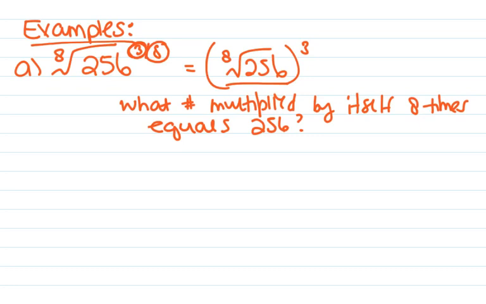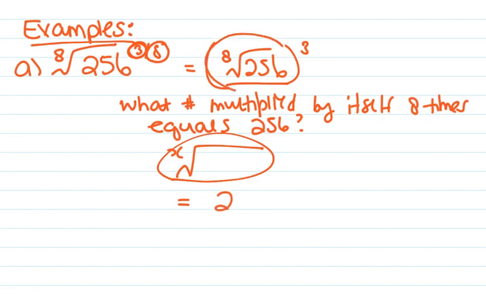So if you can't think of the number, you can use your calculator. You should have a button that looks like the square root sign with something like an X there maybe, or an A or a B. And then you'll be able to press 8, that button, and then 256 equals, and that equals 2.